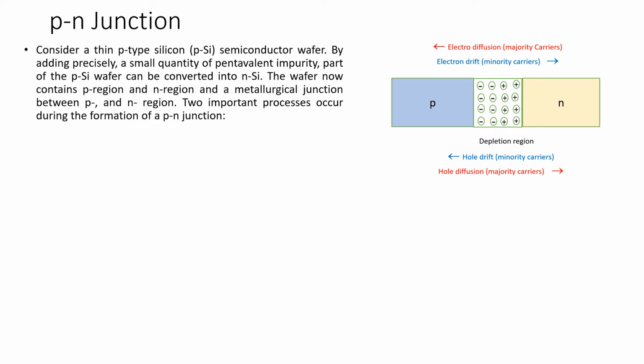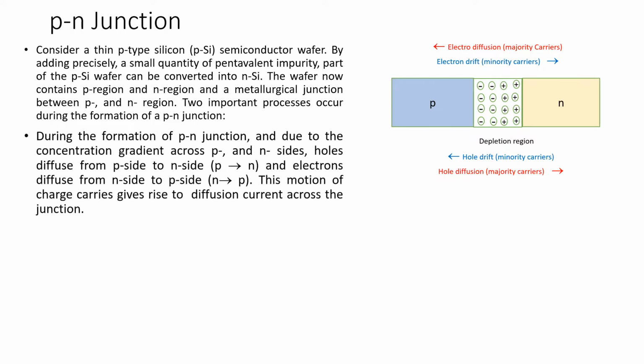Two important processes occur in the formation of a p-n junction. Due to concentration gradient across p and n side, holes diffuse from p side to n side and electrons diffuse from n side to p side. This motion of charge carriers gives rise to diffusion current.